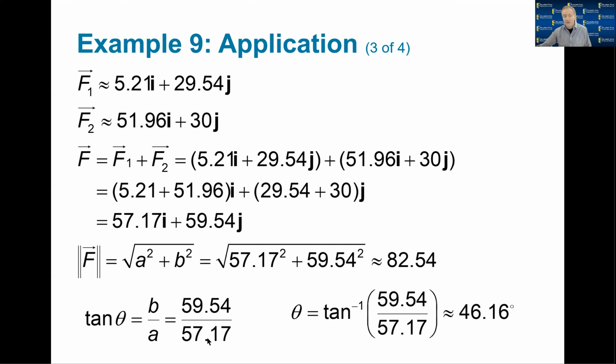Fortunately, since this is in quadrant 1, your calculator is going to give you the answer you need. So we can go inverse tangent of 59.54 over 57.17. We'll get 46.16 degrees. I think I asked us to round to 1 decimal place, so on the next page I'll change that to 46.2.